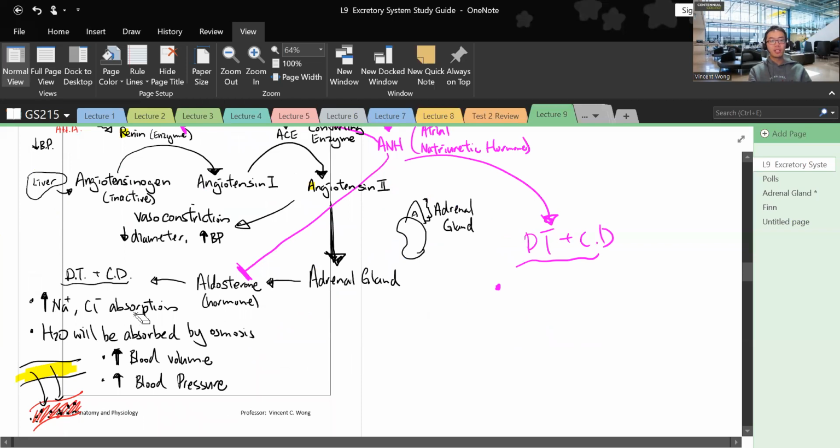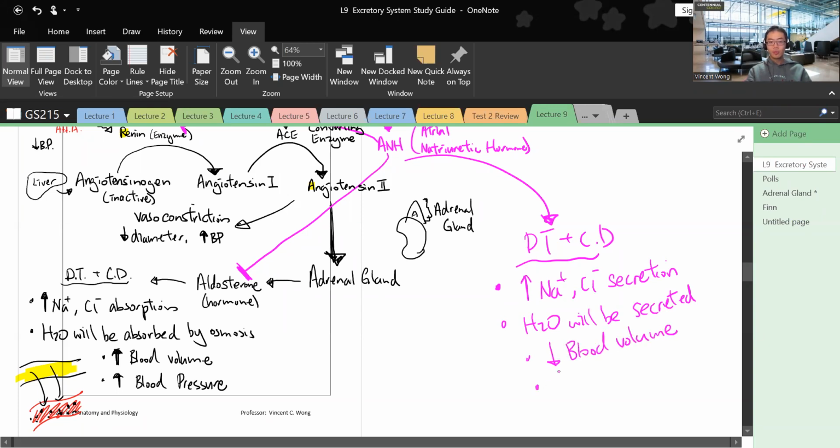So instead of increasing sodium and chlorine absorption, we will increase sodium and chlorine secretion. Okay. And as a result, water will be secreted as well. Okay. And then you will decrease blood volume. You'll pee it all out, which would decrease your blood pressure.